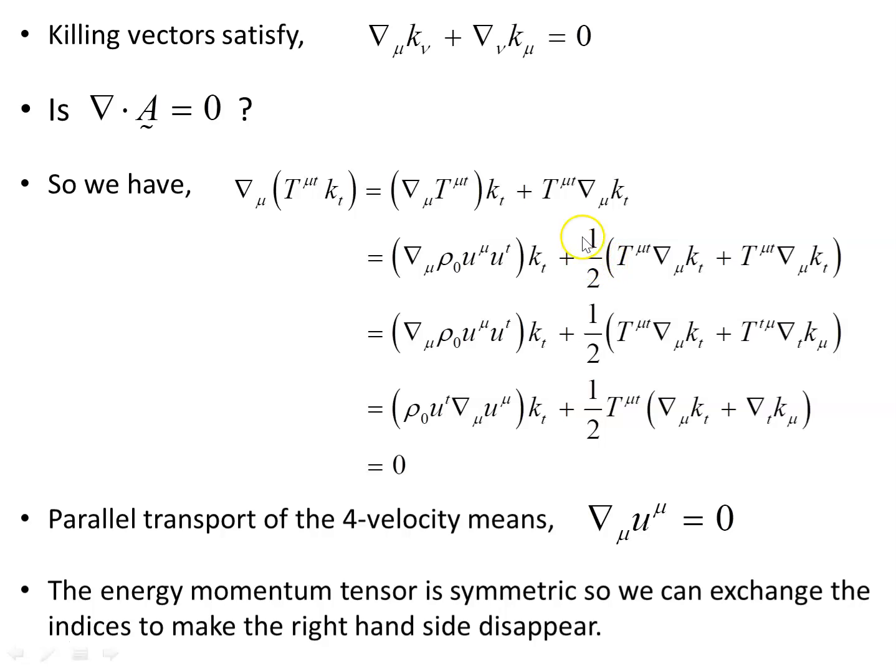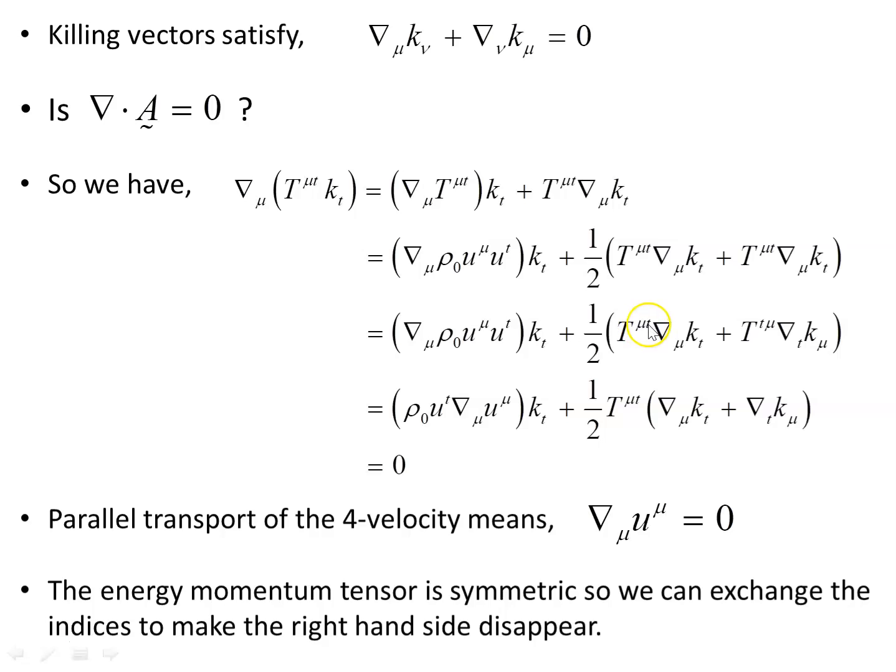And then over here, we're going to play a little bit of a game. I'm going to put a half out front, and I'm going to double this and put a half out front. So I've really written this twice, you can see here, and then put a half out front to halve it. So it's the same thing. But I'm going to make use of the symmetry of the energy momentum tensor to swap the indices.